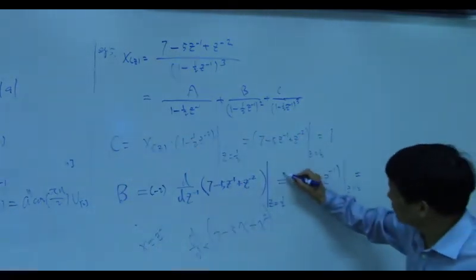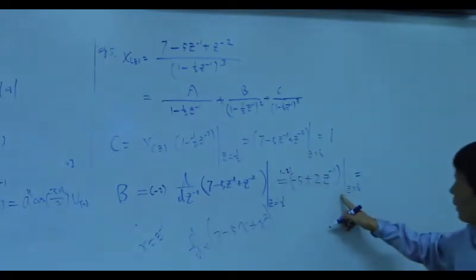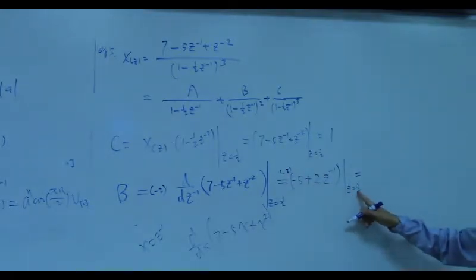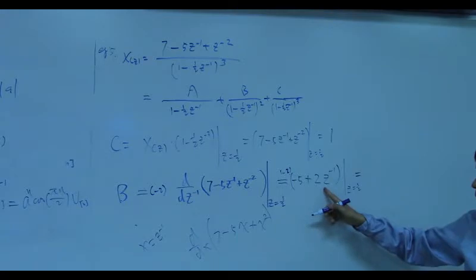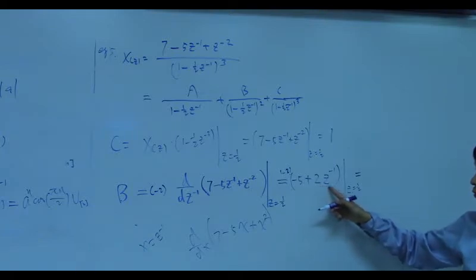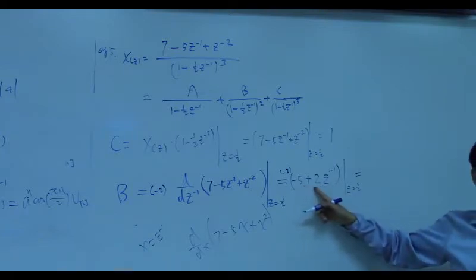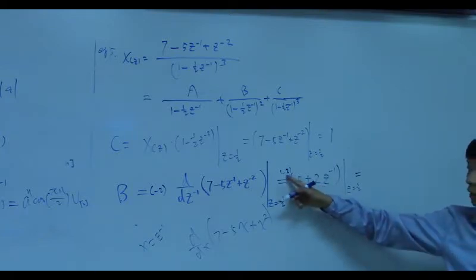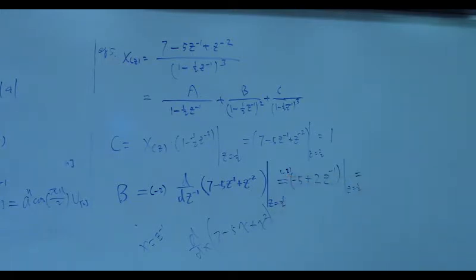And so what is this one? This one equals 4, right? Plus minus 5 equals negative 1. Then times this, negative 1 times negative 2 equals 2.